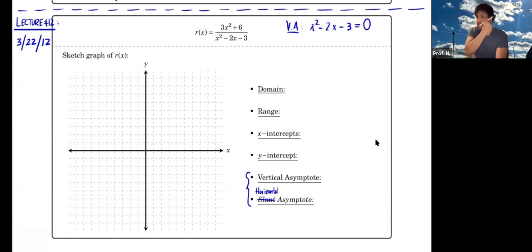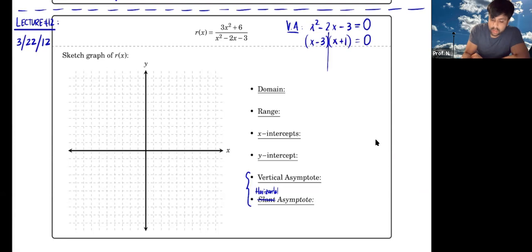What I notice is that this denominator is a quadratic. And I can factor this quadratic by finding two numbers that multiply to -3, but that add to -2. And the only one that makes sense is -3 and +1.